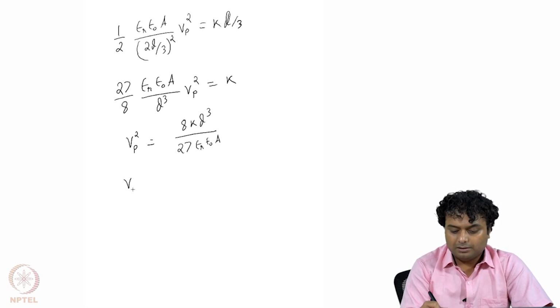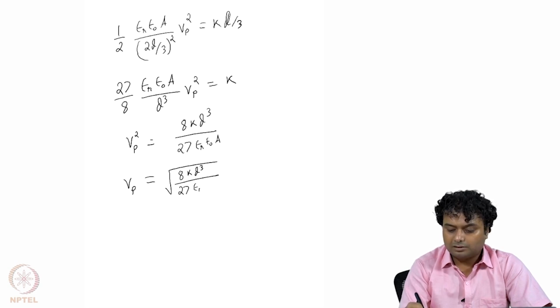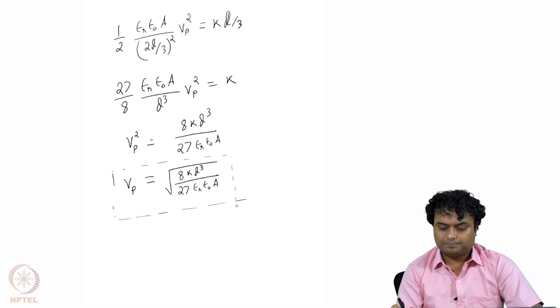So Vp is equal to square root of 8K d cube divided by 27 epsilon naught A. Fine. So this is my pull-in voltage in terms of the beam geometry.